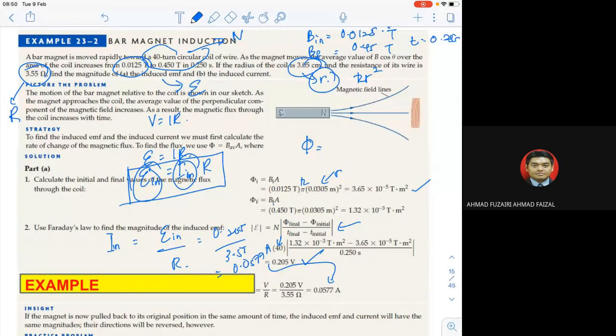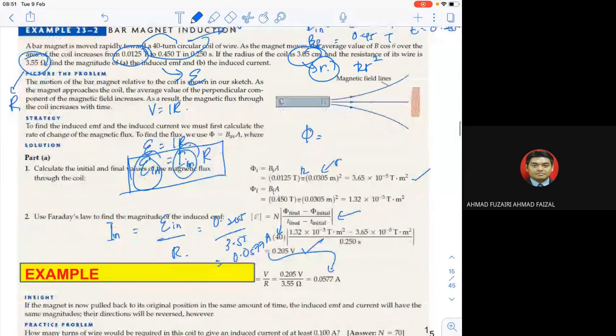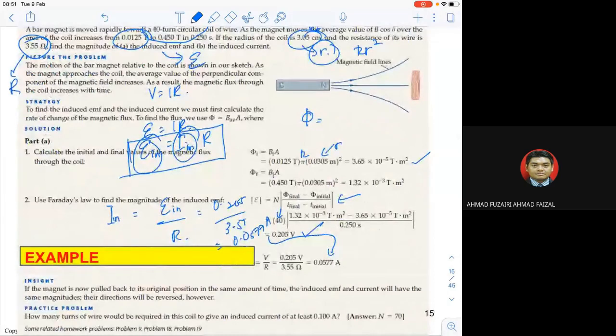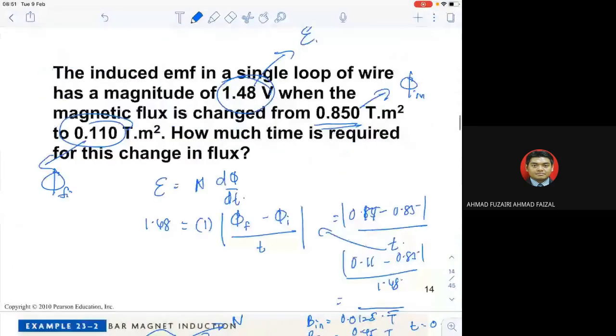It's very straightforward in terms of calculations. So that's how they determine the flux, or the magnetic fields. The first question involves the flux straight away.